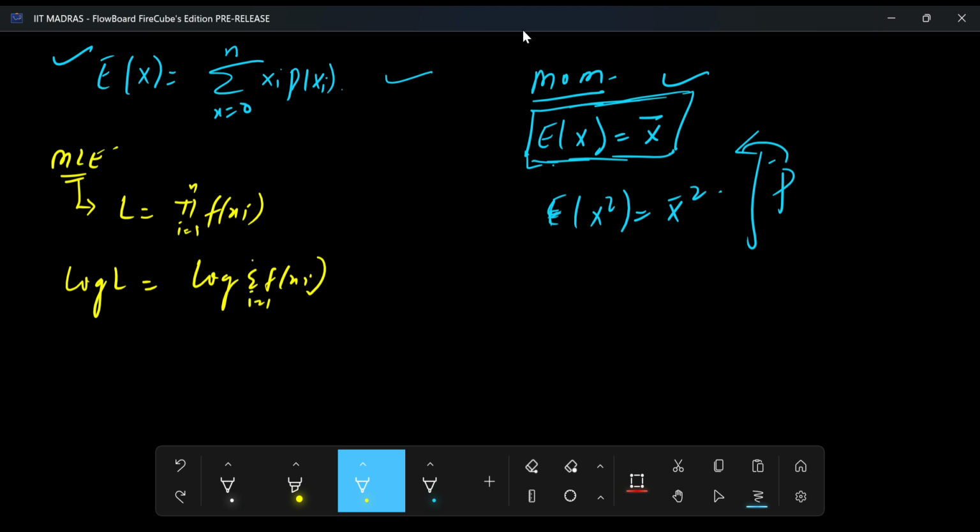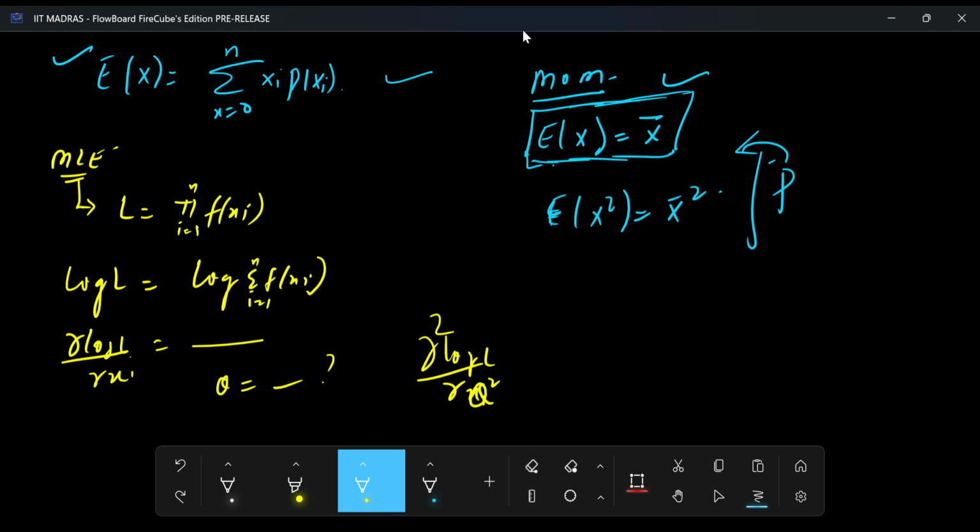Then we take the partial derivative with respect to some parameter, and from this you can get the value of theta. Then we take the second derivative, del square log L by del theta square.